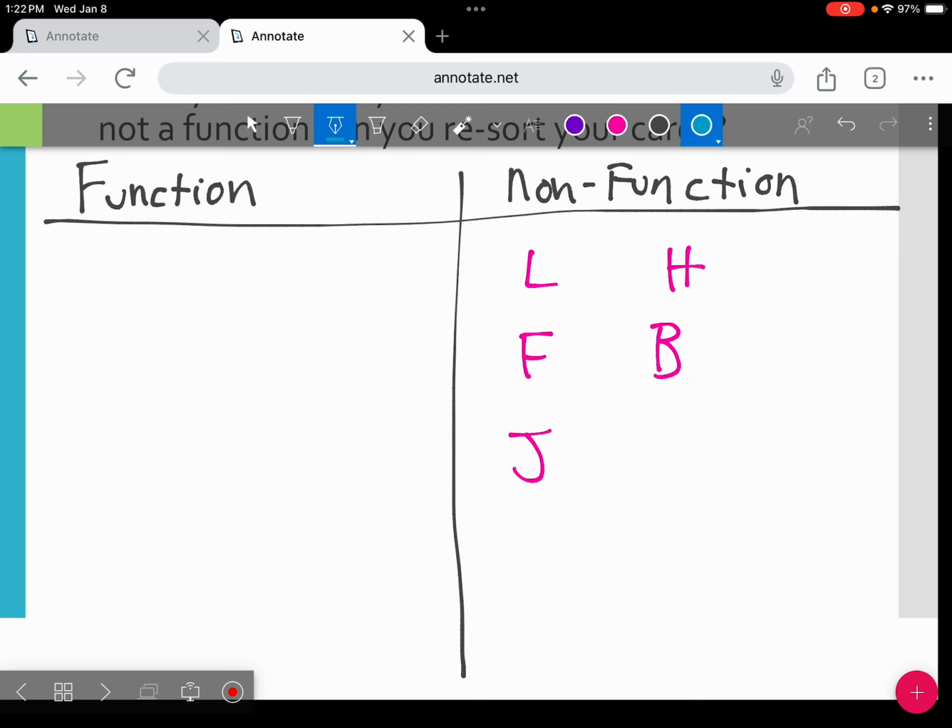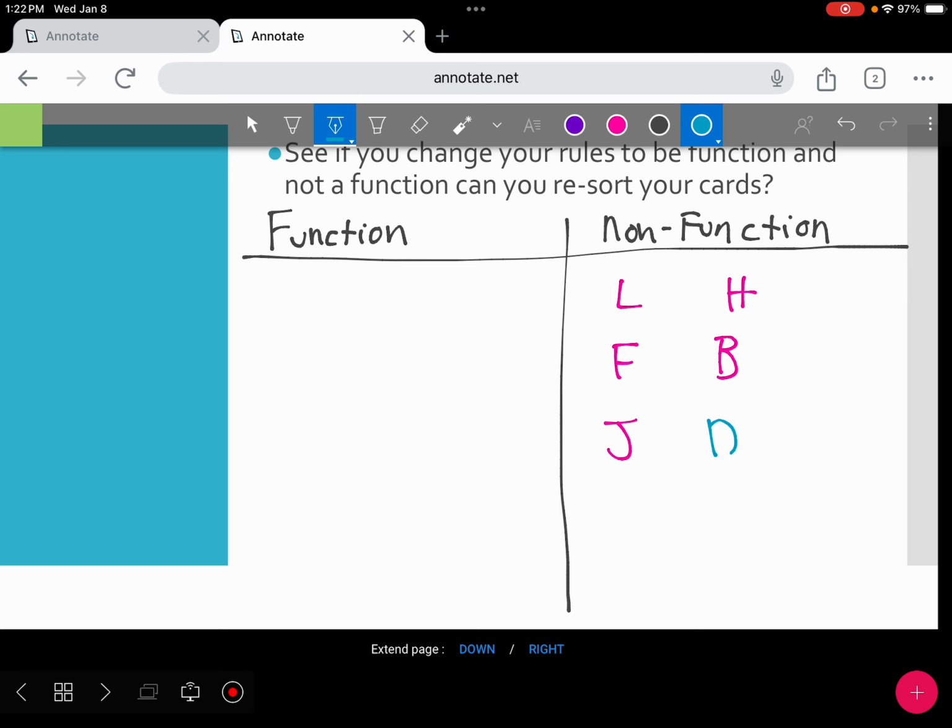Have any others? Anybody else have other ones? I'm not saying this is a complete list. It's just what was called out. I've got B as a non-function. D. No, I don't have D yet. I have D over here.